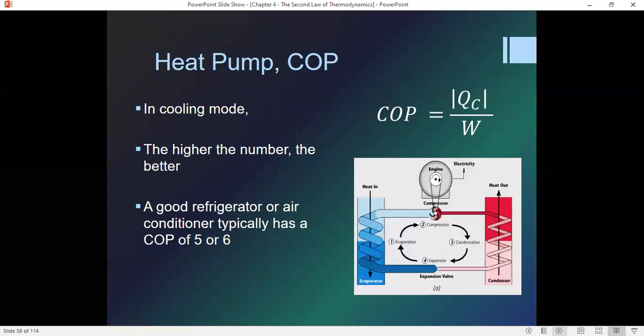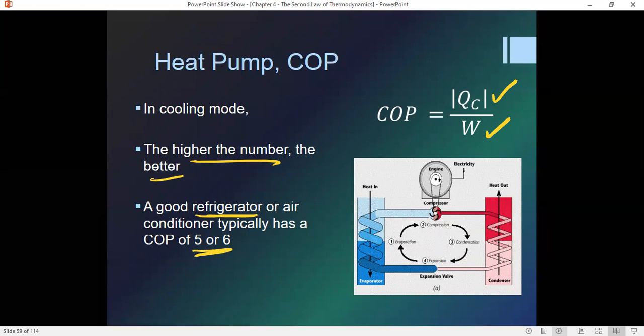So again, coefficient of performance for these systems are rated by how much heat we remove from the inside of the cold reservoir divided by the amount of work that is done. And usually the higher the number, the better. Because a refrigerator won't move across a very large temperature gradient, you can get a coefficient of performance of 5 or 6.